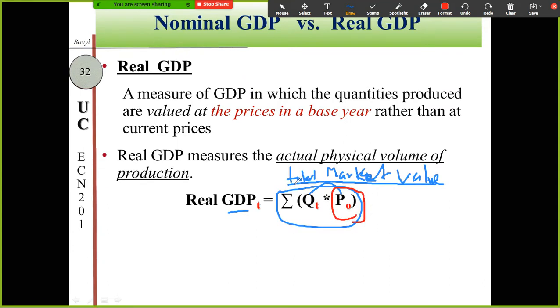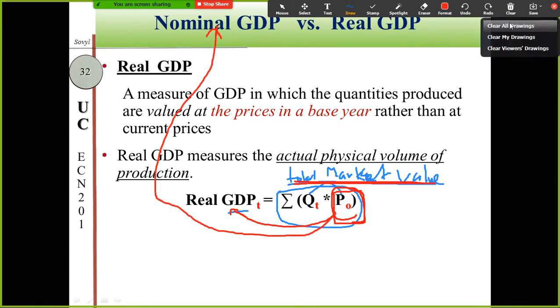In order to find total market value, we take price from the base year or price from the current year. If we take price from the base year, this total market value is real GDP. But if we take price from the current year, this total market value is nominal GDP.